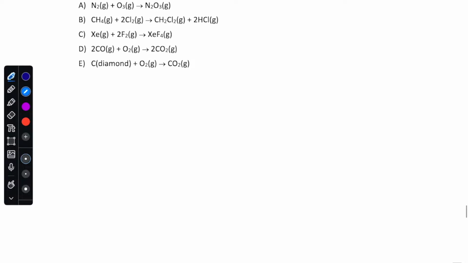31. For which of the following equations is delta H of reaction equal to delta H of formation? Another way of saying this question is which of the following is the correct equation for formation? Formation is the process of making a substance from its pure elements in their standard states.